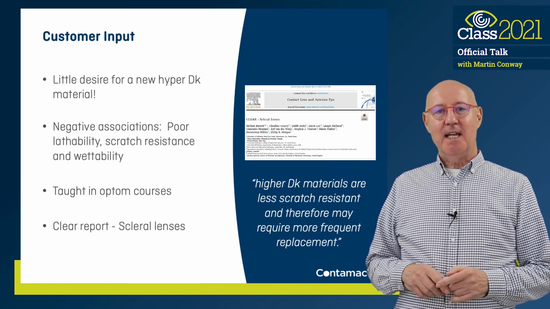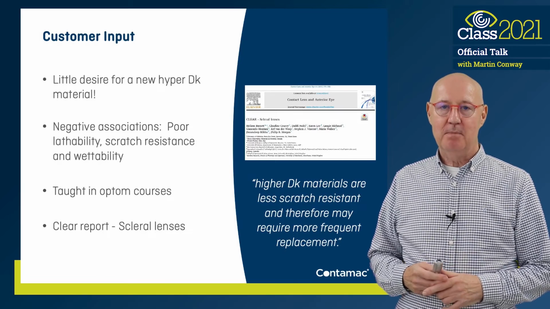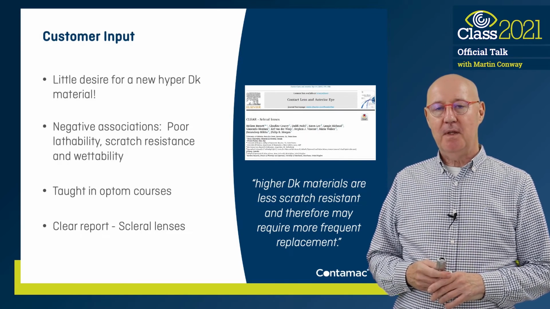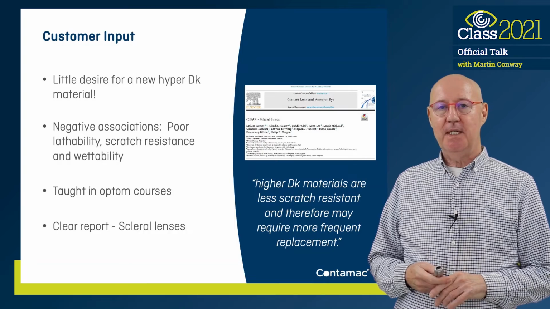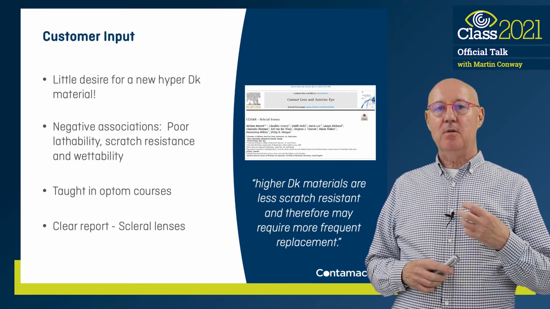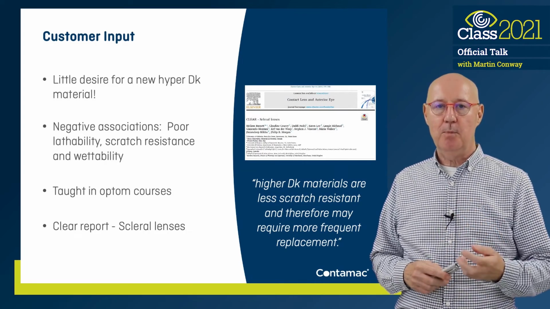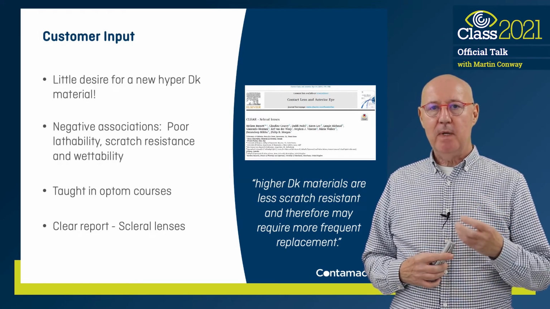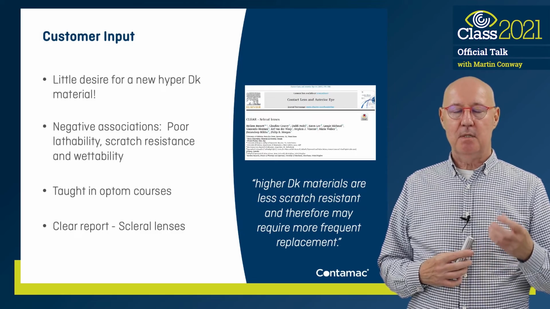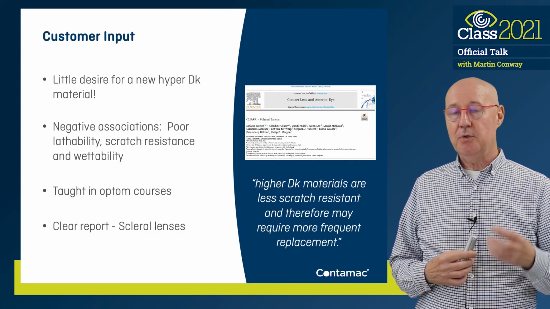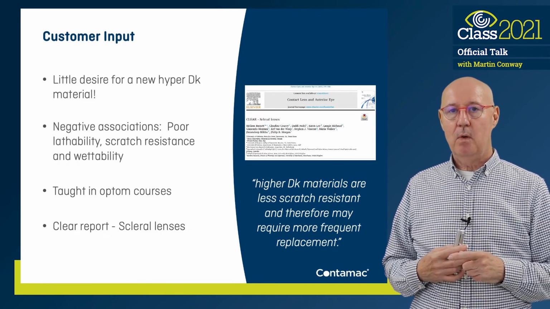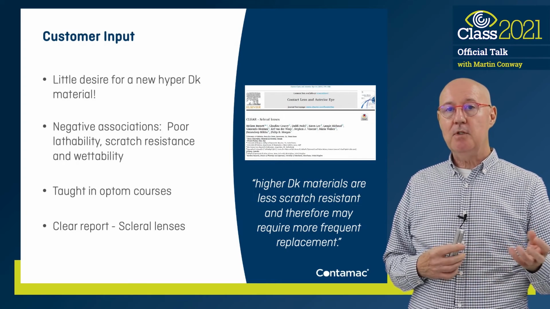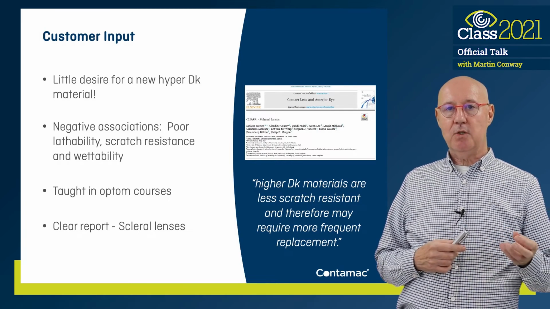Apart from the obvious technical and chemistry problems to be overcome with the development of a new hyper Dk, was how these types of materials are viewed by practitioners and the laboratories generally. Generally, we have negative associations with poor lathability, poor scratch resistance, and poor wettability. This is even taught in optometry and contact lens courses.